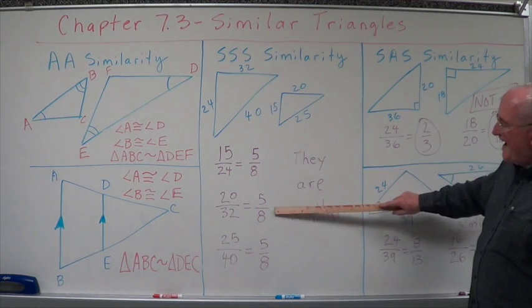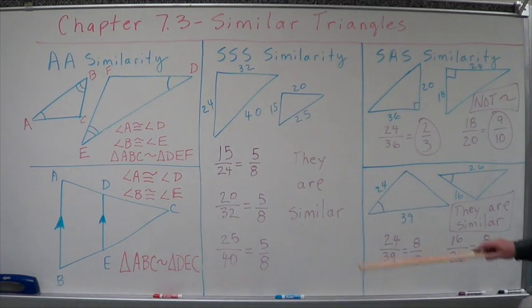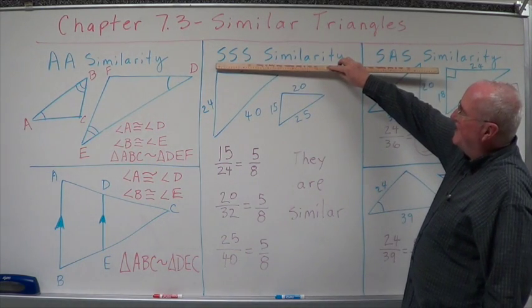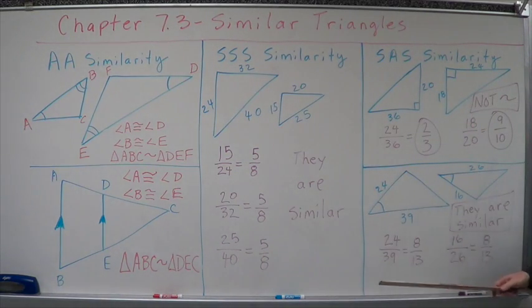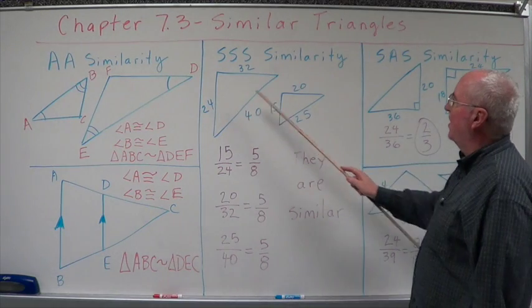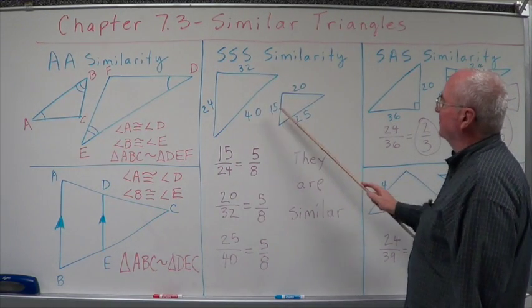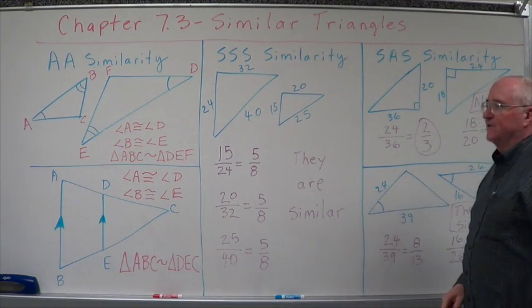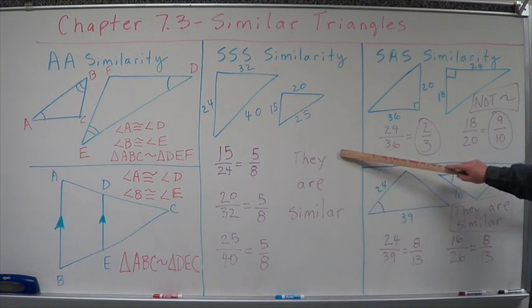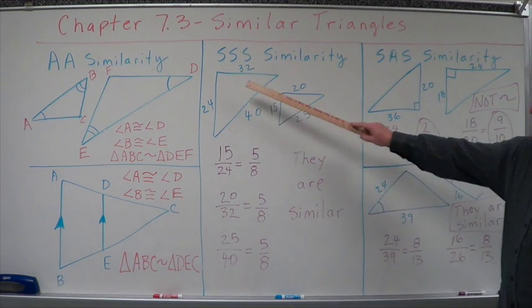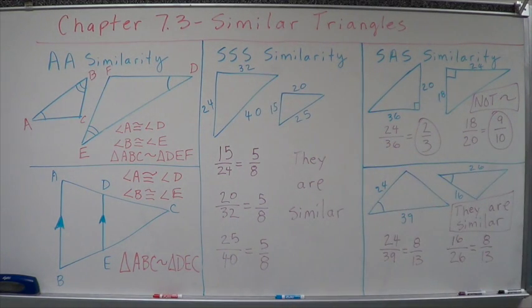So if all three sides have the same proportion, then we know by side-side-side similarity, all three corresponding sides, we took small to small, middle to middle, long to long. Since they're corresponding and they are all proportional, the same proportion, then they are similar. These two triangles are similar.